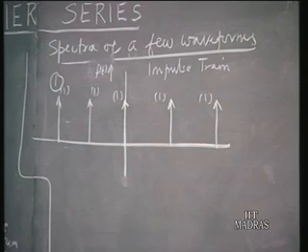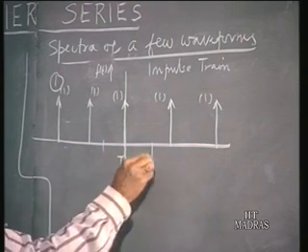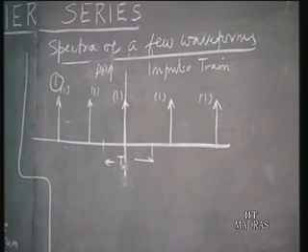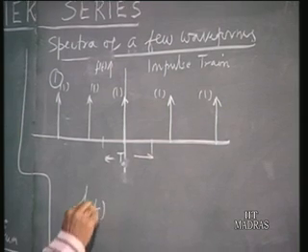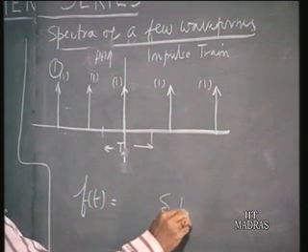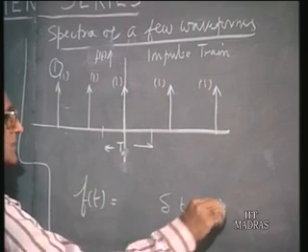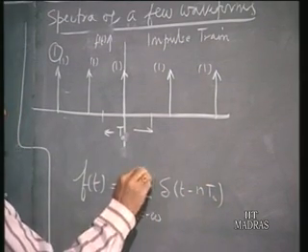So f of t is a periodic waveform with one impulse sitting in each period at the center. So we can write formally that f of t consists of a number of impulses delta t minus n t naught, n going from minus infinity to plus infinity.